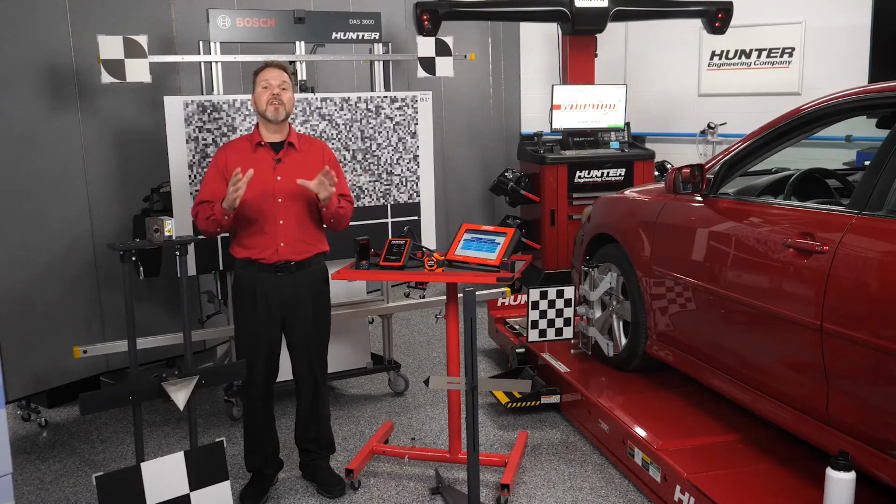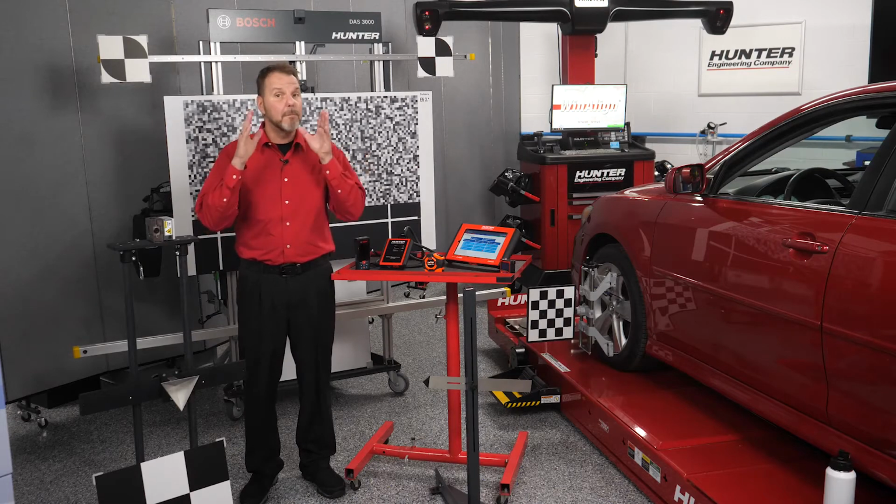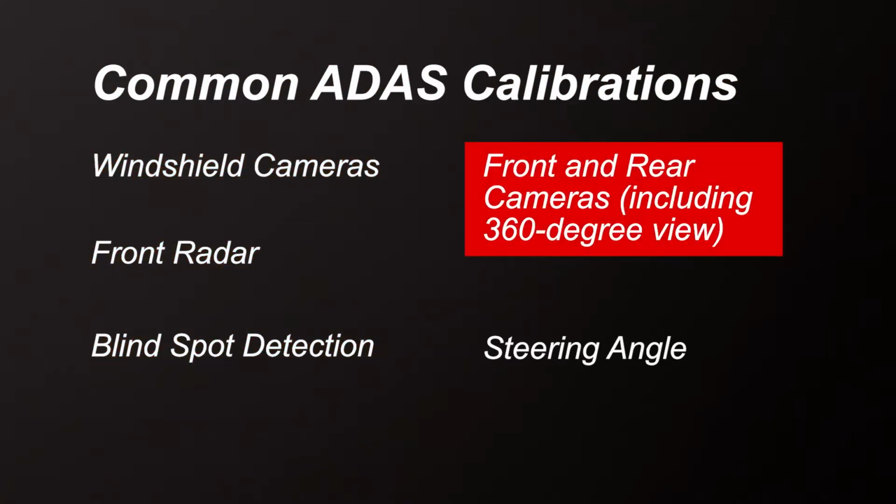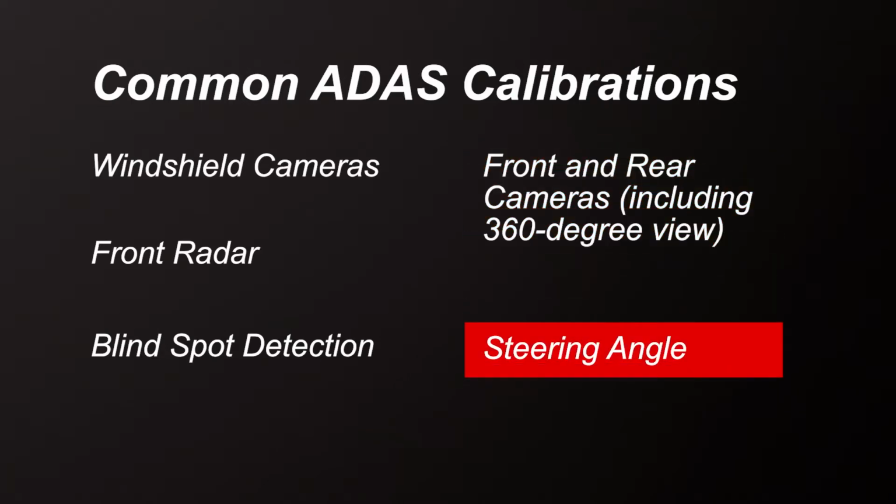Calibrating ADAS sensors is a precision process. Some sensors can be calibrated in a repair shop, others require that a vehicle be driven, and many sensors call for both procedures. Common calibrations include windshield cameras, front radars, blind spot detection, front and rear cameras, including 360-degree view, and steering angles.